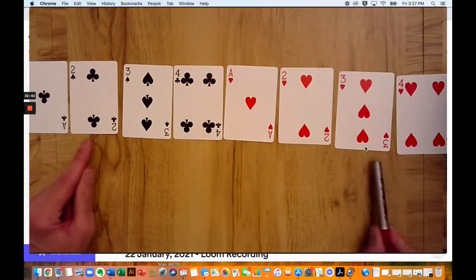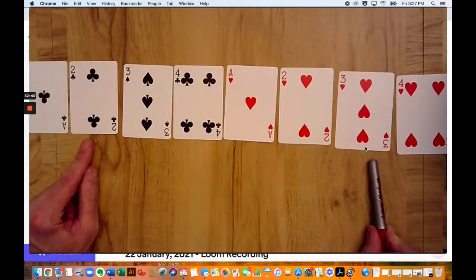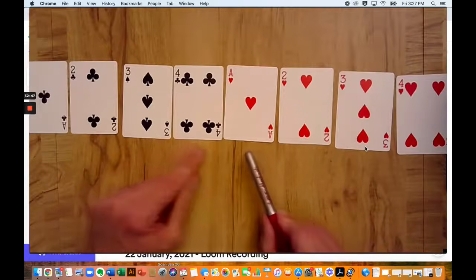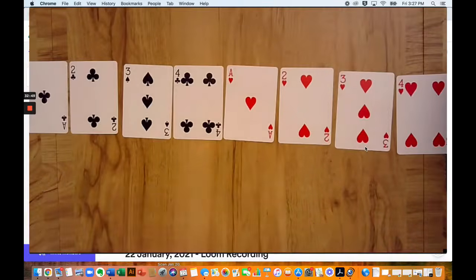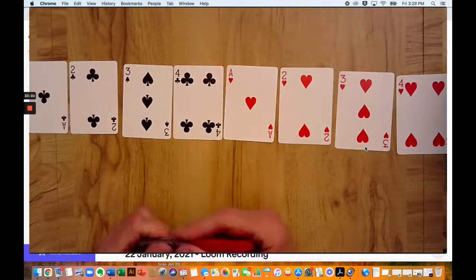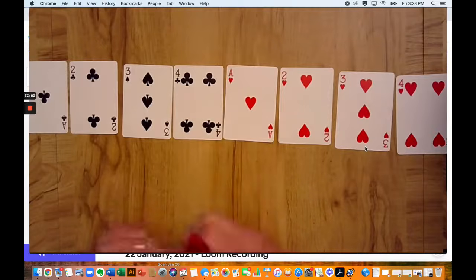No. Same thing here. Those are not of the same value, nor are those. So we cannot say this is a mirrored structure relative to cards of the same value. But we can say that this is a mirrored structure relative to the relation that cards add up.